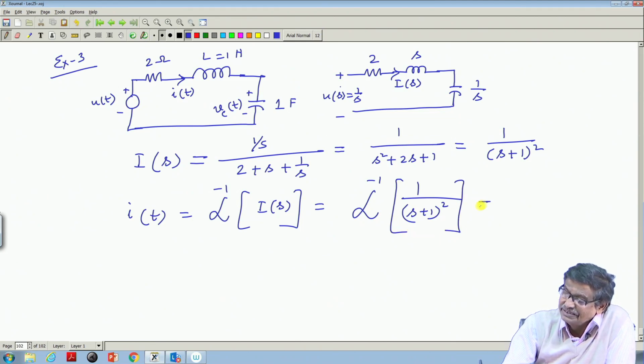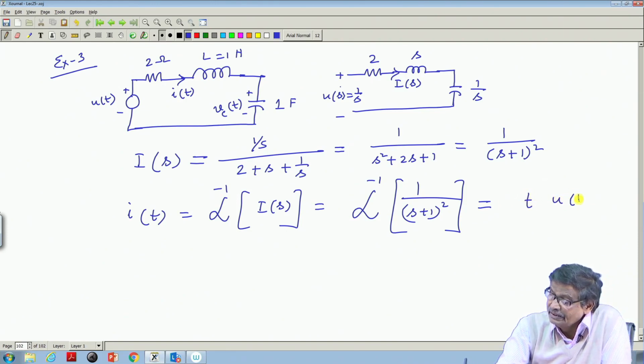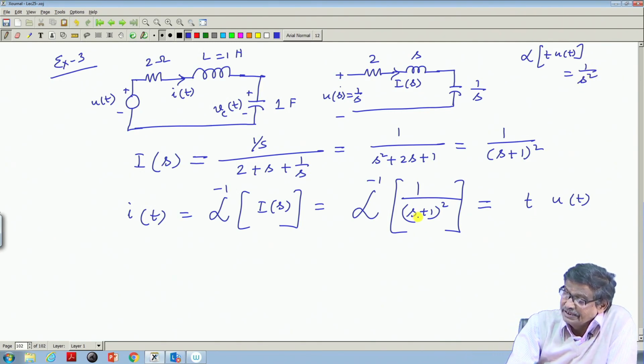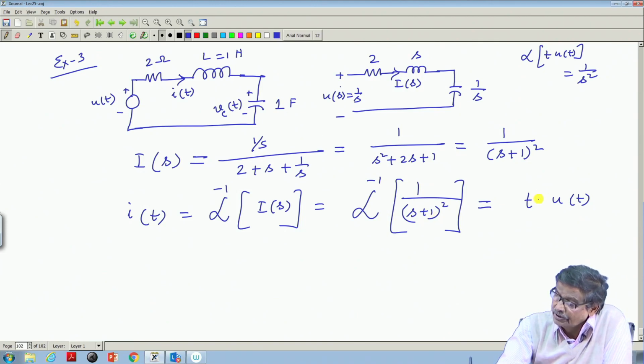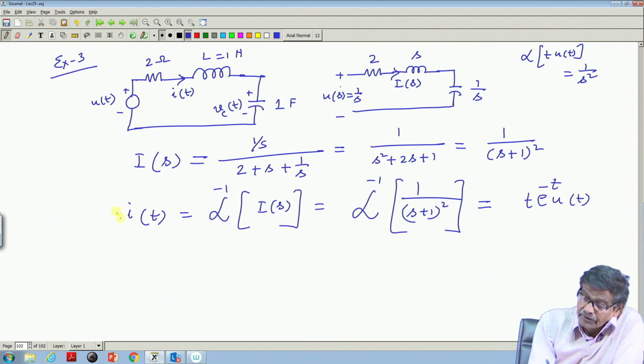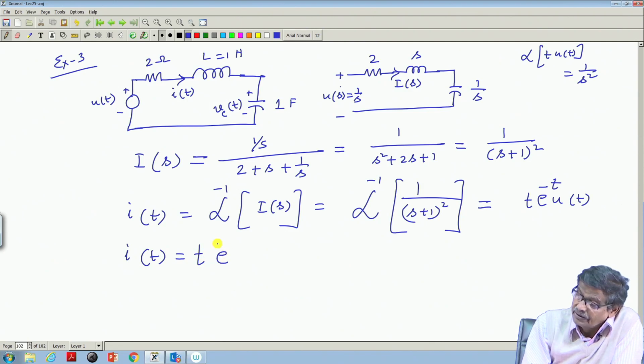We know the Laplace transform of t into u(t) is 1 over s square, but here s is replaced by s plus 1. So, it must be multiplied by e to the power minus t. This will be the solution. Therefore, I(t) will be simply t into e to the power minus t into u(t).